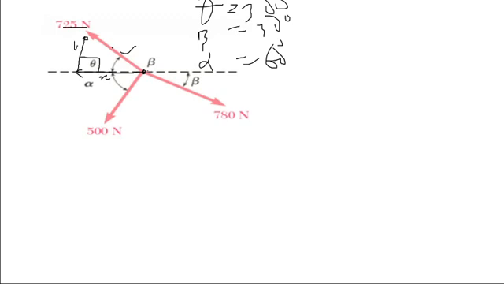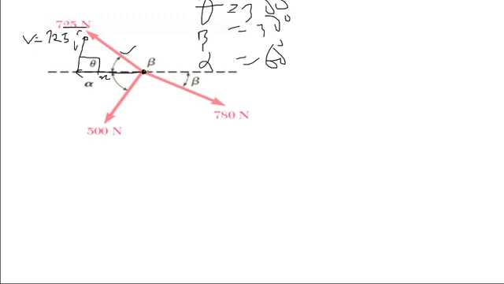So that is to say, my vertical component of the vector is equal to the resultant of the vector, which is 725. This angle is with respect to horizontal, so we don't have any problem.